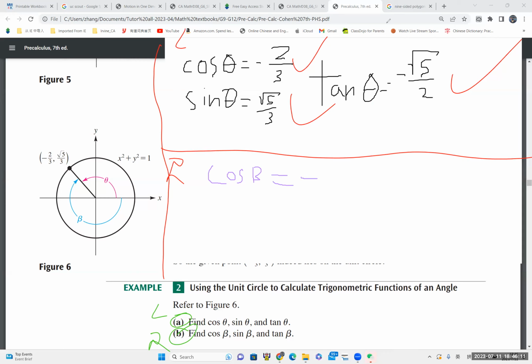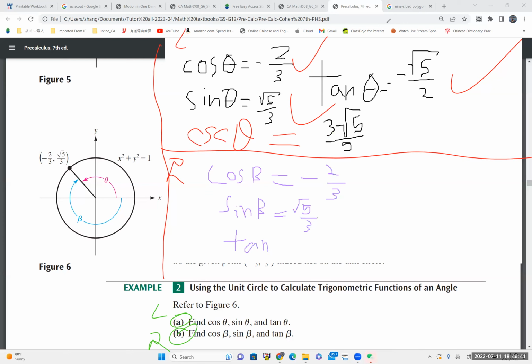Could you do one more? For example, yeah, Leo, just do one more. Cosine beta, sine beta.